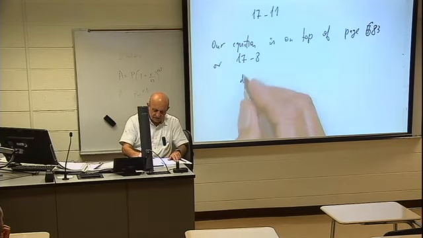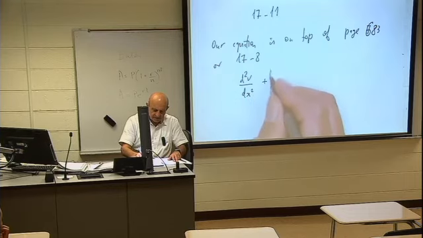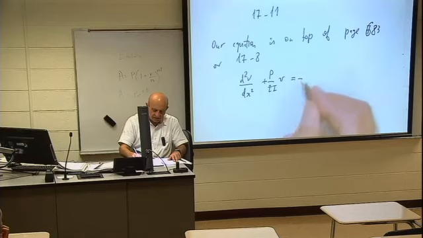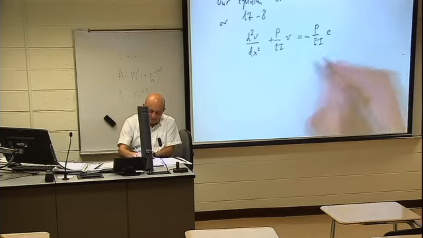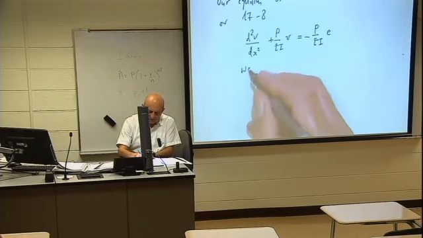So that is d2v dx squared plus p over EI v equals minus p over EI e. Now, we want to find any solution.